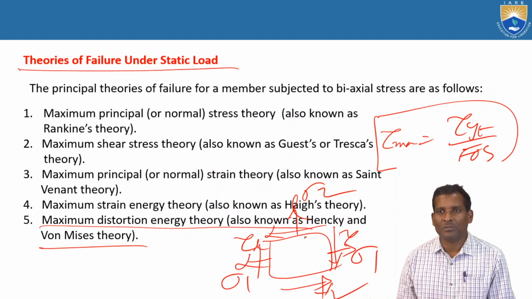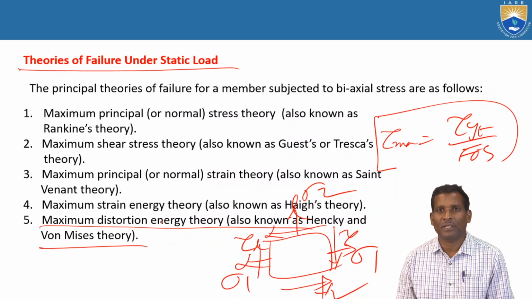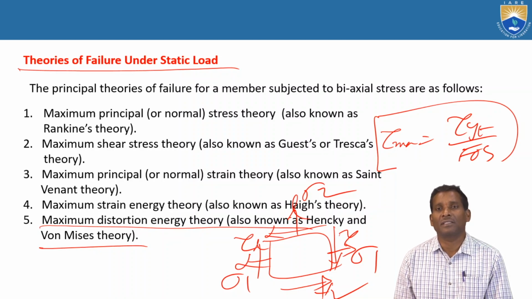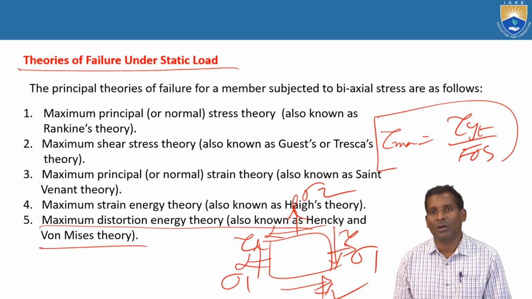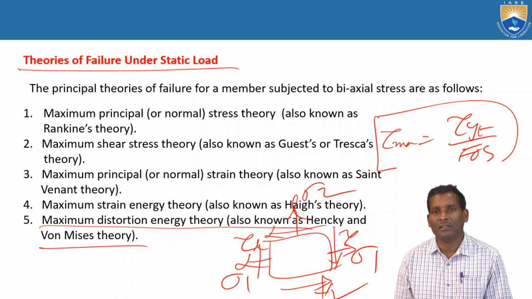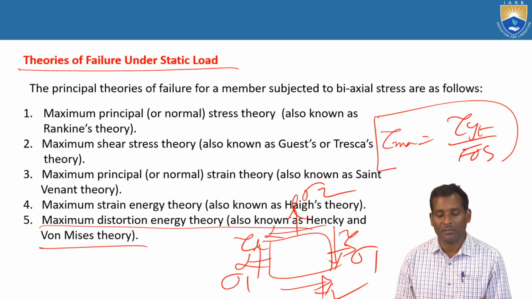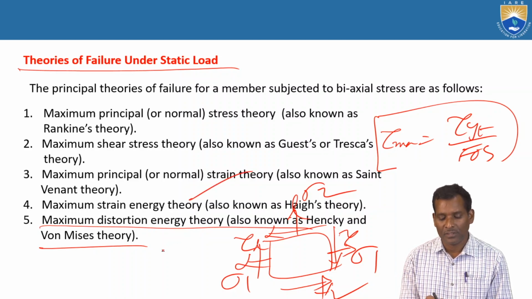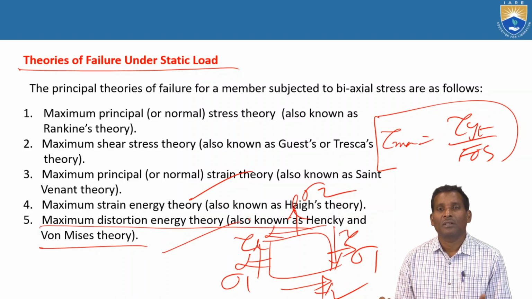Distortion energy theory is similar to the maximum strain energy theory, but in this maximum distortion energy theory, we calculate strain energy per unit volume. The strain energy theory considers Poisson's ratio, but in distortion energy we do not consider Poisson's ratio.